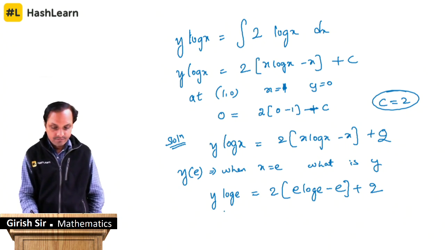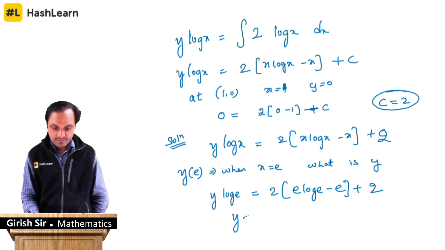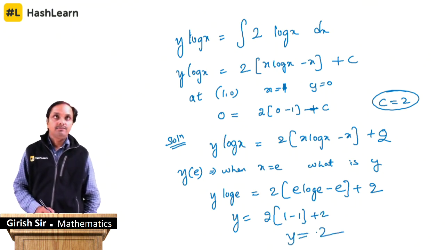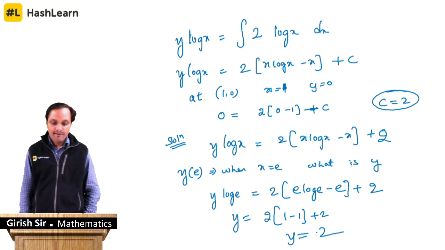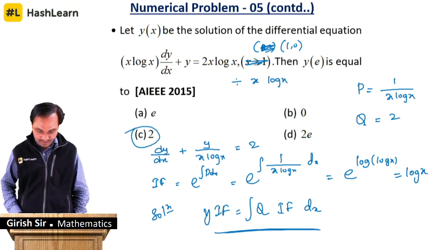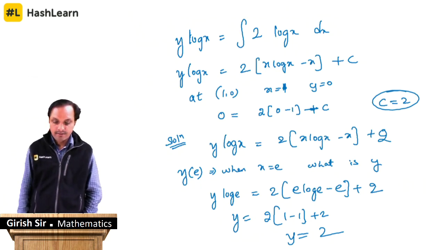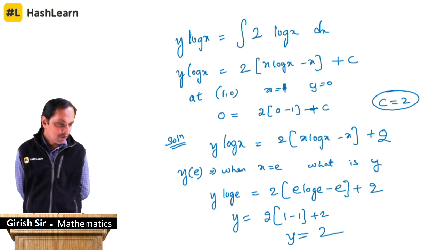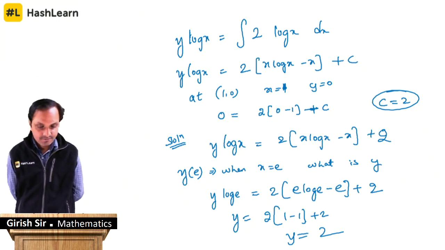You know that log e is 1, so this part is 2 times 1 minus 1 plus 2, so the y value will be just 2. The y value is just 2, which is there in the options. Yes, option C, and that is the answer. y is equal to 2. Yes, Himanshu, hope you all are following the steps.